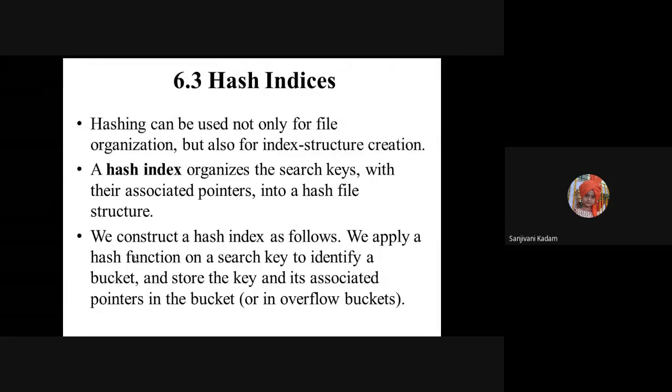Just like in an index, where we have only search keys available at a single point, and these have pointers to a record. But in the case of hash indices, instead of search keys, we have hash values. These are the outputs of a hash function, and with respect to that hash value, it will hold a pointer to a record. This is the meaning of hash indices.